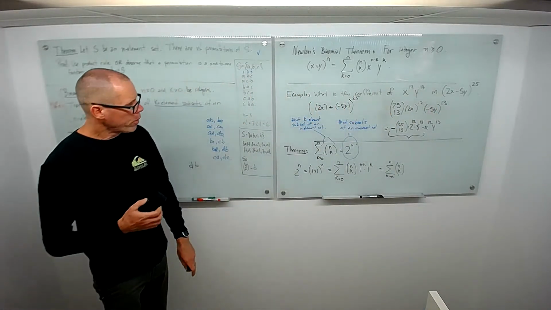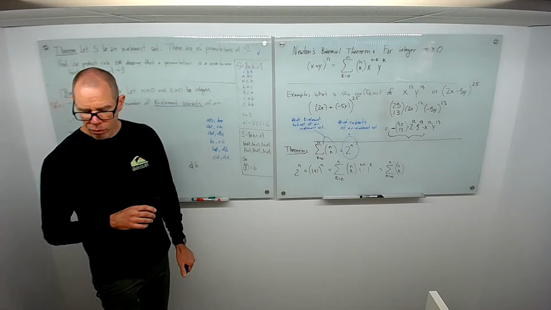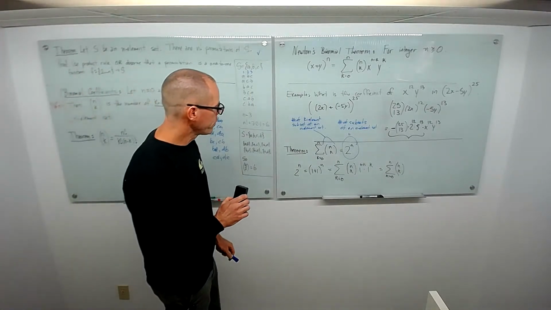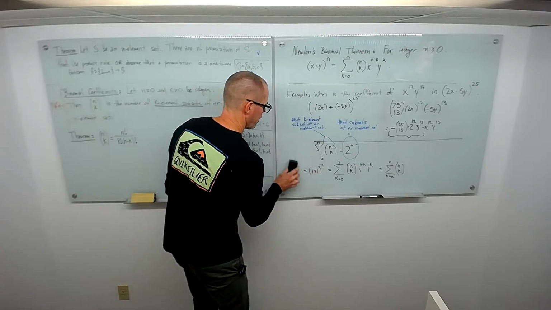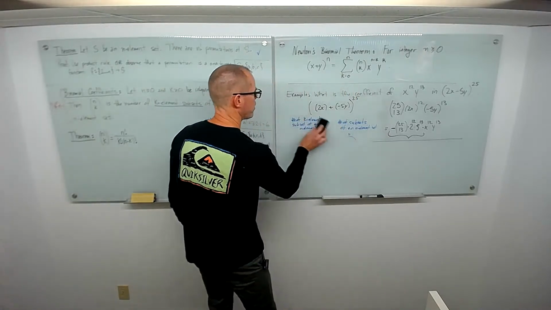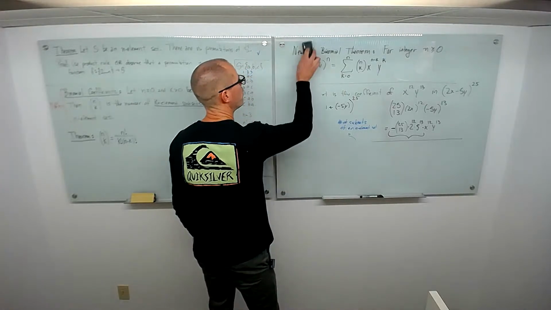So now we're going to do a couple more examples of combinatorial proofs to prove a few classic results about these binomial coefficients.